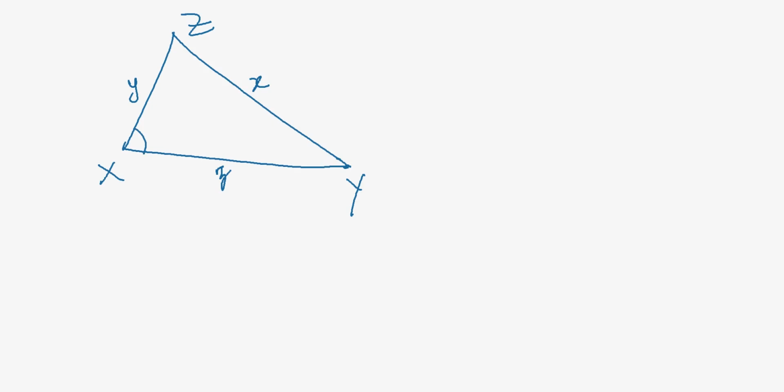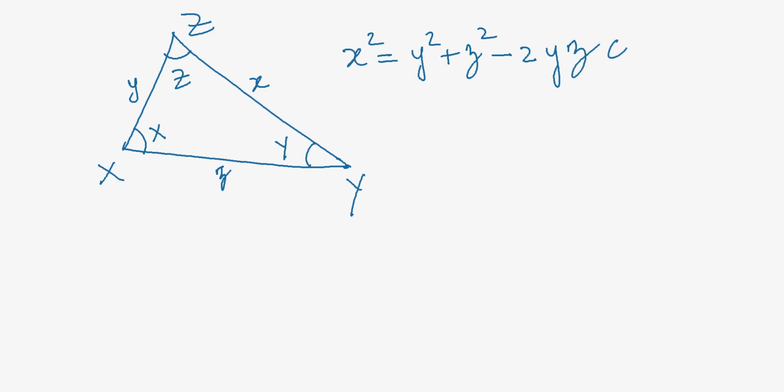So we call this angle capital X and this angle capital Z, capital Y. So we are saying if you take any particular side squared, all we need to do is take the other two sides, y squared plus z squared minus 2yz cos of capital X, because these two sides are connected to that angle.